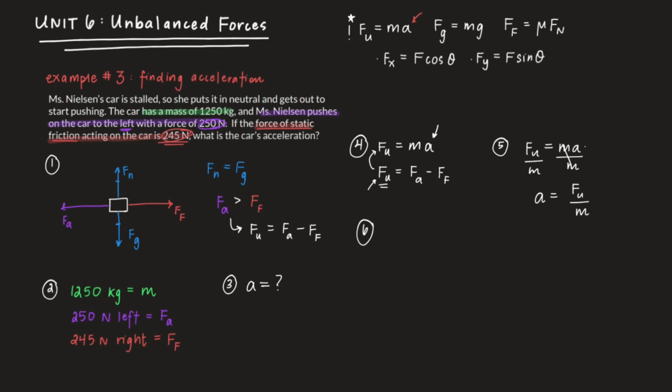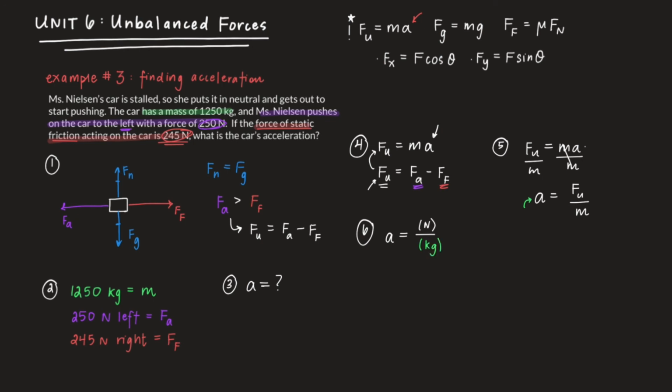Units, we've checked the units for our unbalanced force equation a couple times. We know that applied force is in newtons and the force of friction is in newtons, so our unbalanced force will be in newtons as well. We know that. But now we're going to check our units for acceleration. So the units for acceleration should be the units for unbalanced force, which is newtons, divided by the units for mass, which is kilograms.